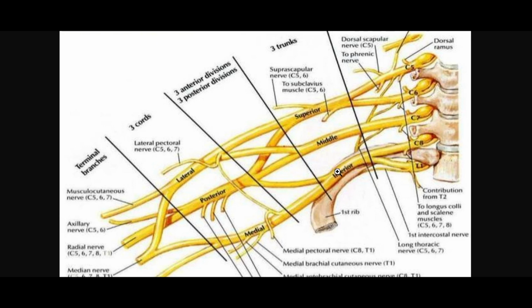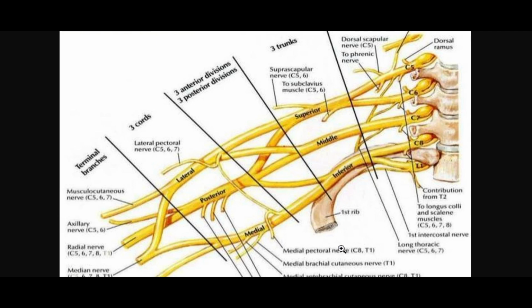The superior trunk is made by C5 and C6 nerve roots. The middle trunk is made by the C7 nerve root. The inferior trunk is made by C8 and T1 nerve roots.